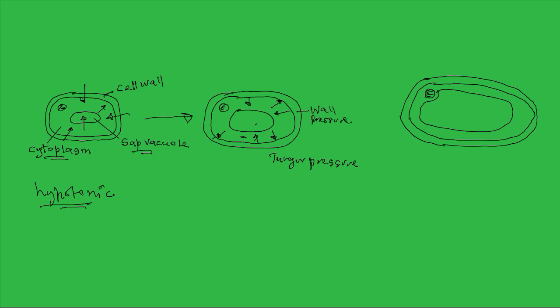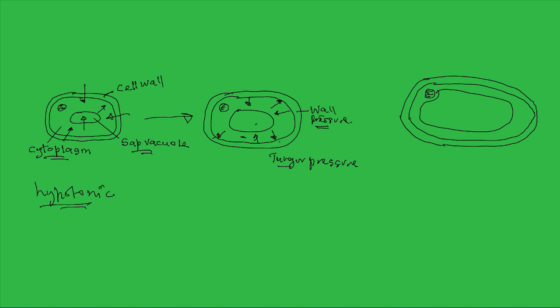Now at the point when the turgor pressure is equal to the wall pressure, the cell is said to be turgid.